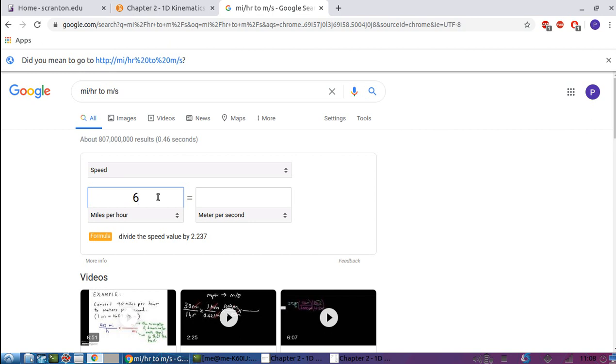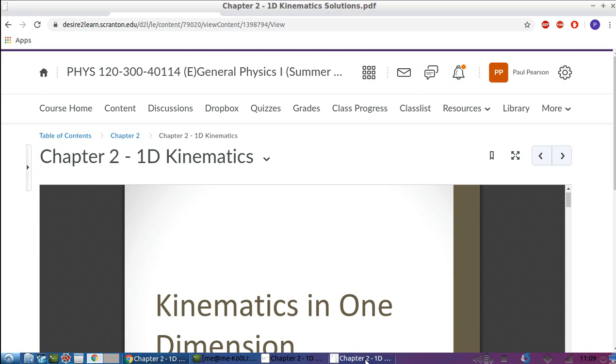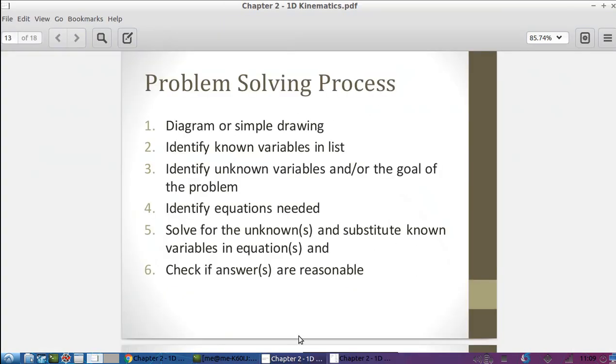Take a car going 60 miles an hour. That's a reasonable speed for a vehicle, right? So if I get something like this for a human or an airplane or something like that, I know I'm kind of off in my calculations. Okay, so last step, always look at those values that you're looking for and check to see if they make sense.